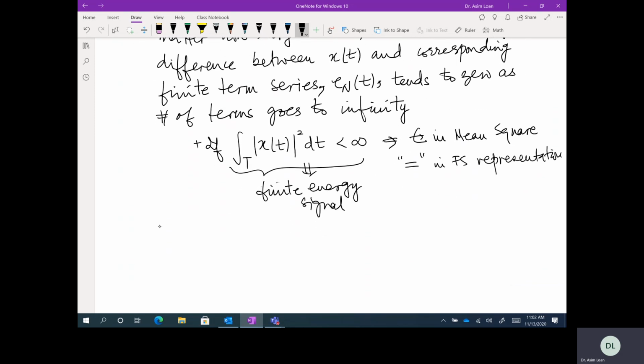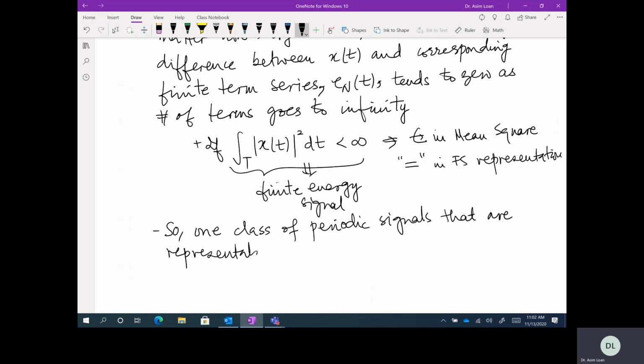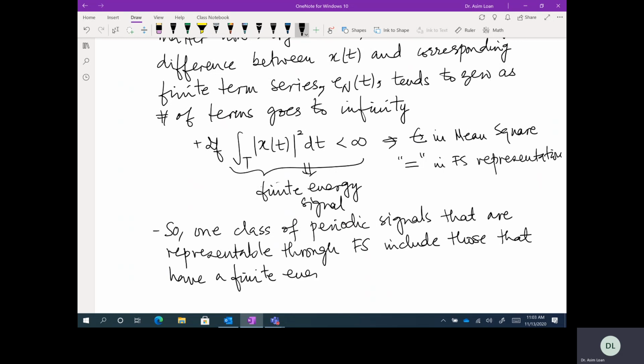So let me write this again. One class of periodic signals that can be represented by the Fourier series include those that have a finite energy over one period.